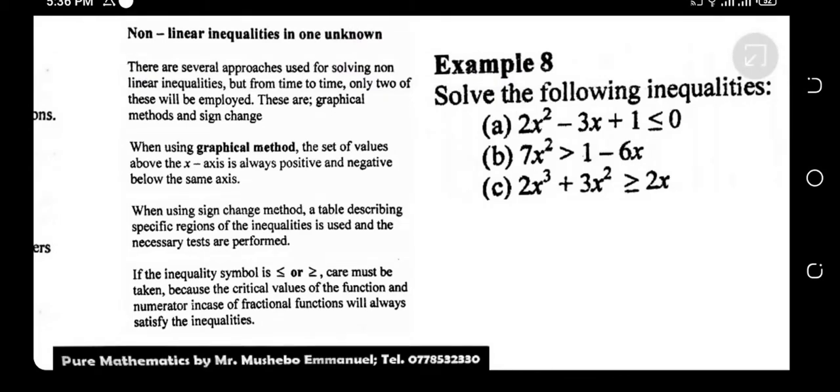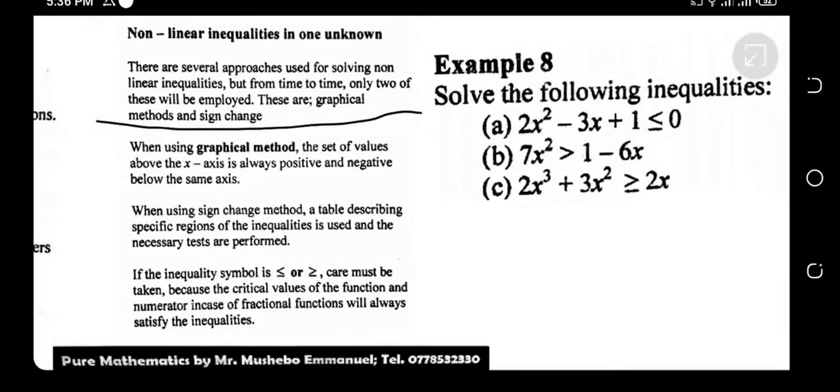So here we are saying there are several approaches used for solving nonlinear inequalities. But from time to time, only 2 of these will be employed. Meaning we have many methods, but we are going to use a few of them.